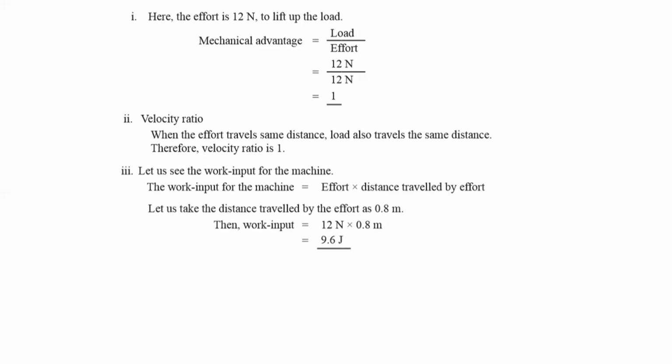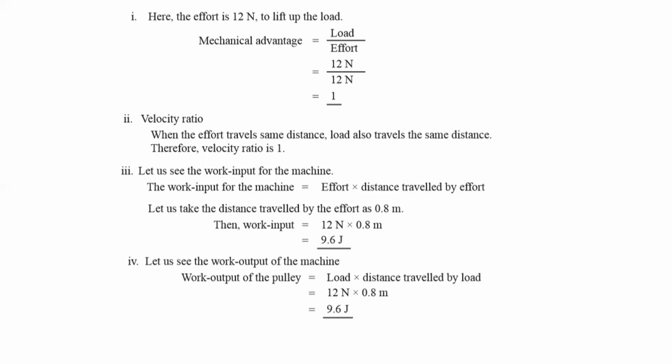Now let us see work input for the machine. Work input equals effort into displacement of the effort. Let's take the distance traveled by the effort as 0.8 meters. Then work input equals 12 into 0.8 meters. It is 9.6 joules.